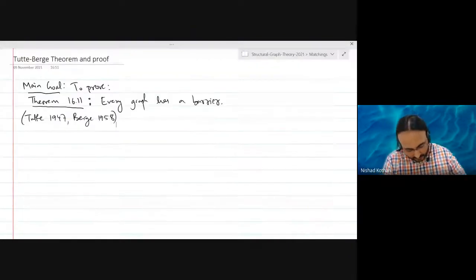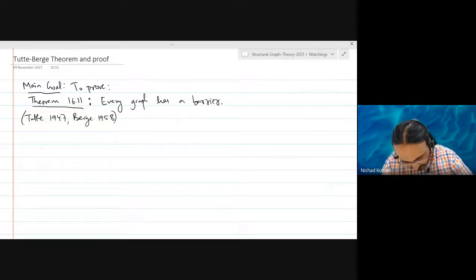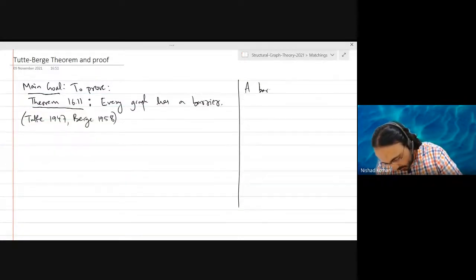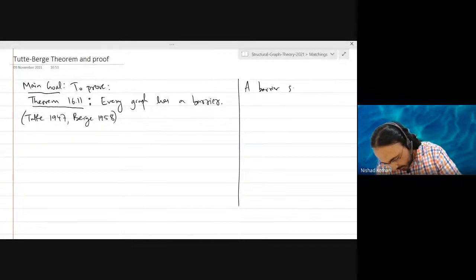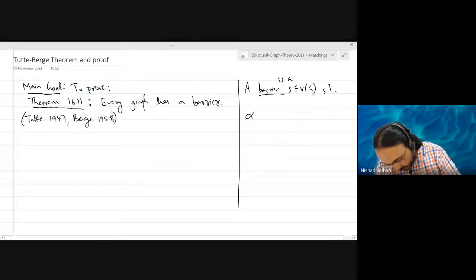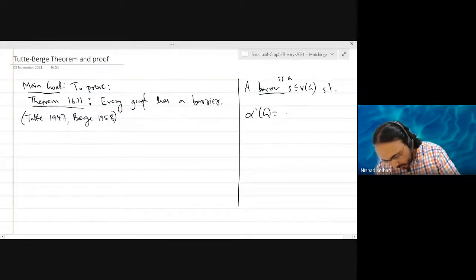Okay, so let's see. Just to remind you, a barrier S is a subset of the vertices such that if you look at the size of the maximum matching, the matching number, it is exactly equal to the following quantity.